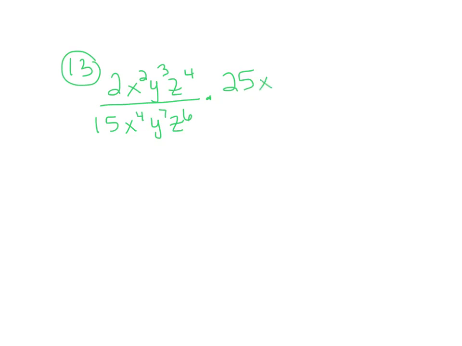Give yourself some room. 2x to the second, y to the third, z to the fourth, all over 15, times 25x to the fourth, y to the second, z, over 12x squared, y to the third, z to the seventh.